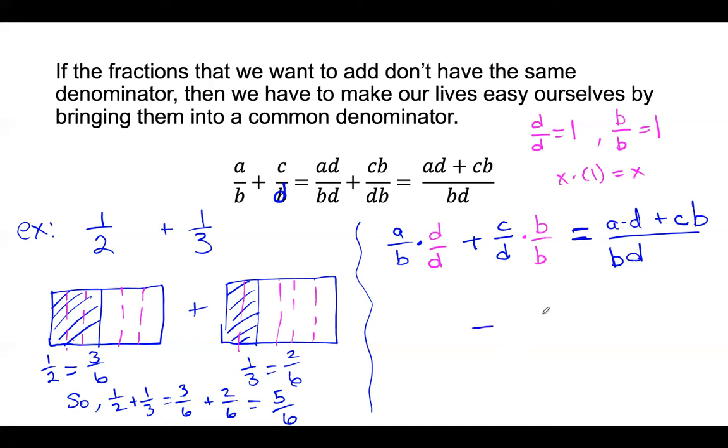Let's just rewrite it. So a times d plus c times b, all divided by, write it, d times b, whichever way. There's a little typo here.